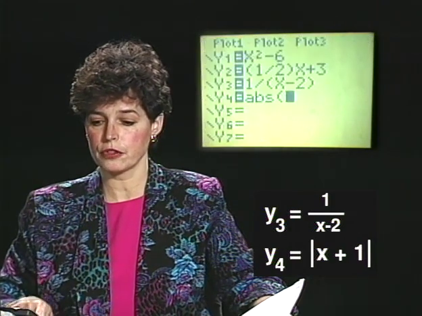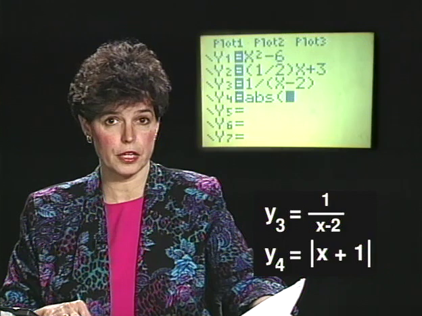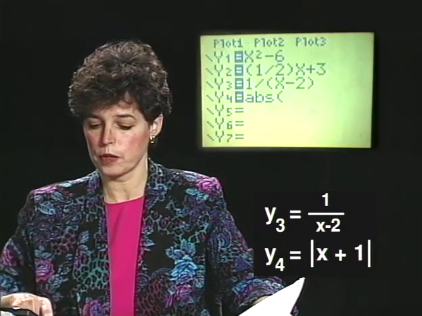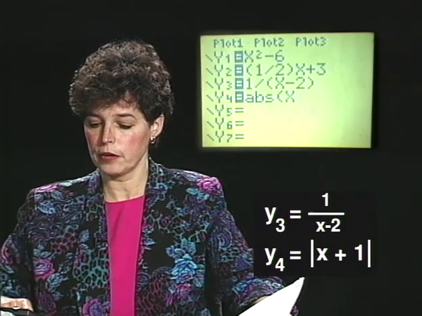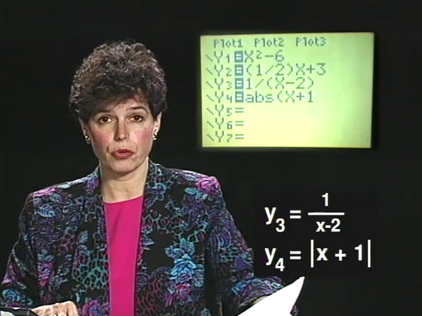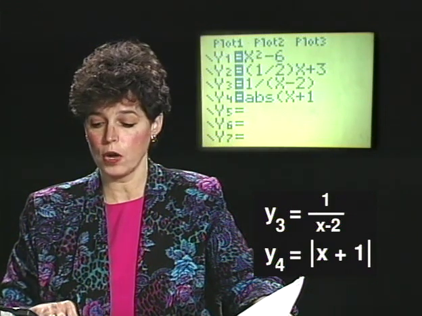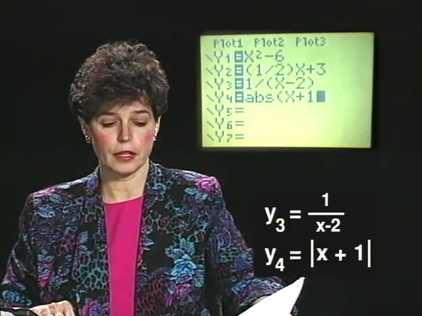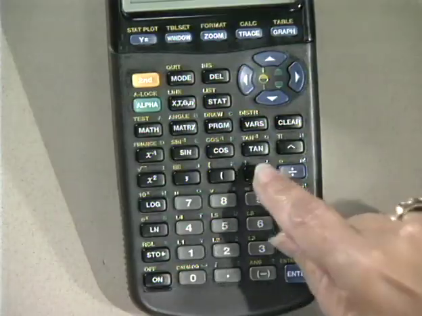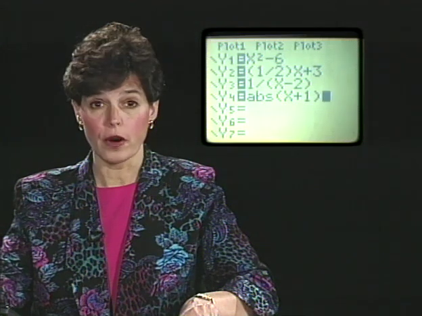So press enter and you have ABS, which stands for absolute value, and next we will type in x plus 1. Now the calculator has already given you the left parenthesis, and it will be important for you to put the right parenthesis where you want it so that you can show the calculator that you actually want the absolute value of the quantity x plus 1. Press graph now and let's see what happens.